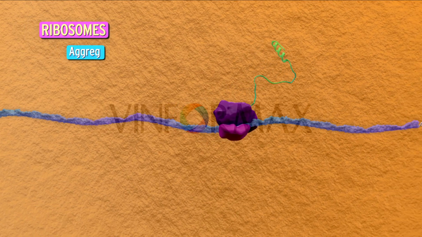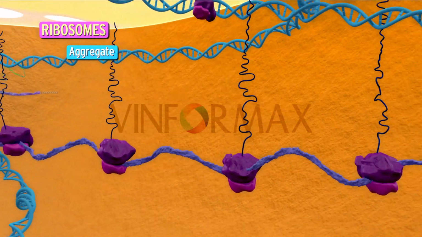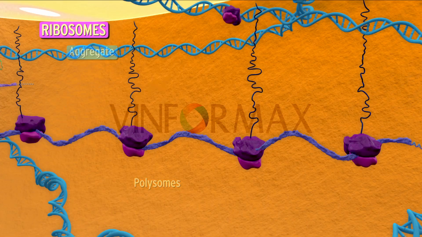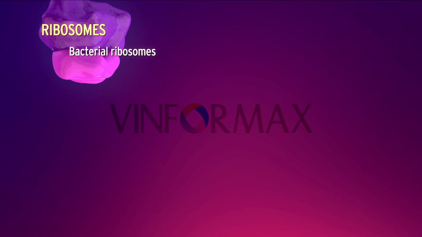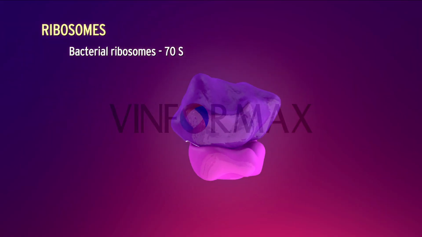Often, they aggregate to form structures known as polysomes. Bacterial ribosomes are termed 70S, that is Svedberg units, and eukaryotic ribosomes are termed 80S. The difference between bacterial and eukaryotic ribosomes is often exploited during antibiotic therapy.